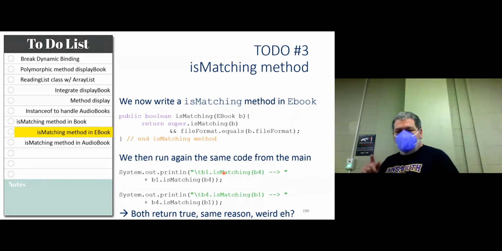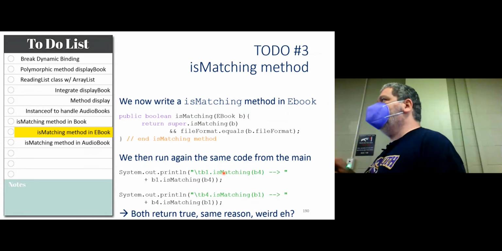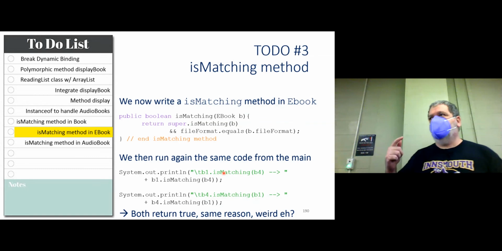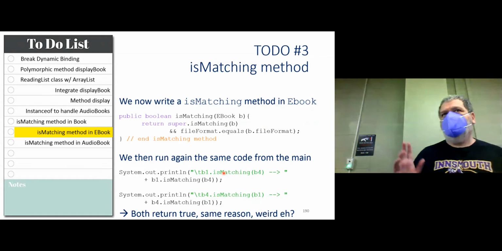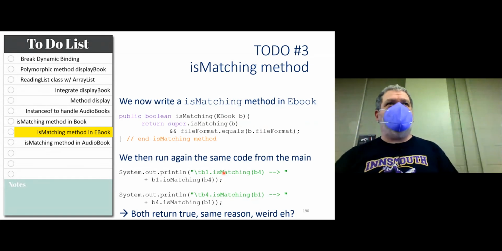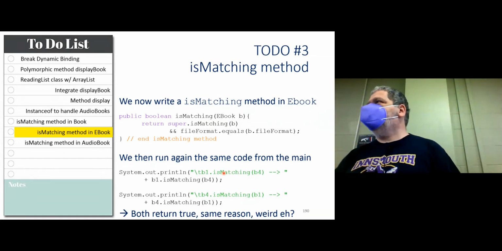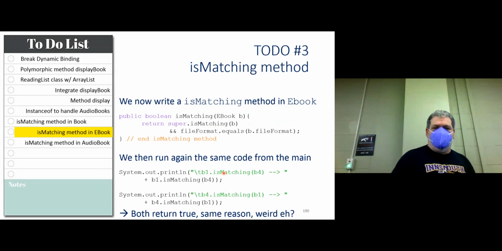Now, what about b4.isMatching(b1)? Again, the logic of dynamic binding, okay? b4 refers to an object. The data type of that object is ebook. So whatever method you're trying to call on b4, I'm going to look it up starting with the class Ebook. You are trying to call the method isMatching.